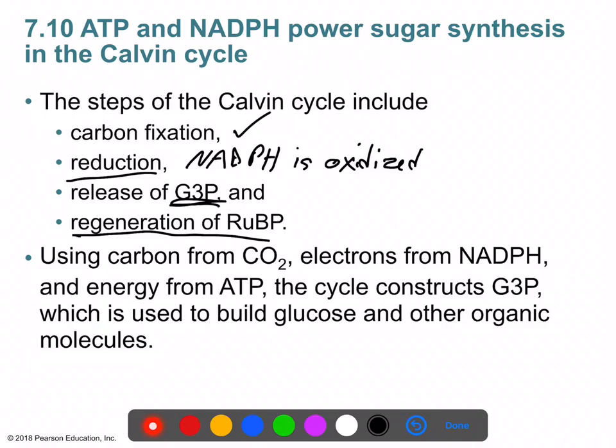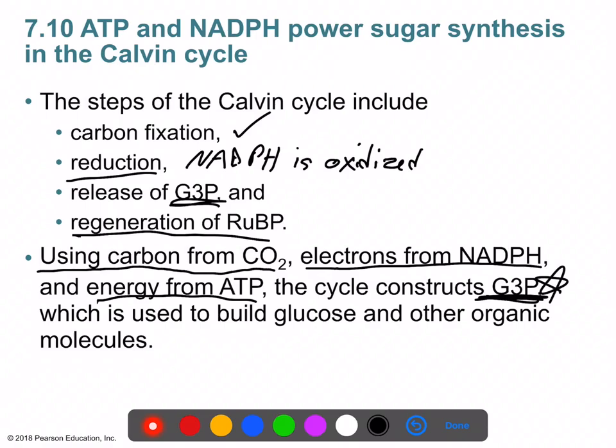The sugar is called G3P. And then there, again, the regeneration of ribulose bisphosphate. So using carbon from CO2, electrons from NADPH, energy from ATP, the cycle makes G3P. That's the goal. Eventually, glucose is made.